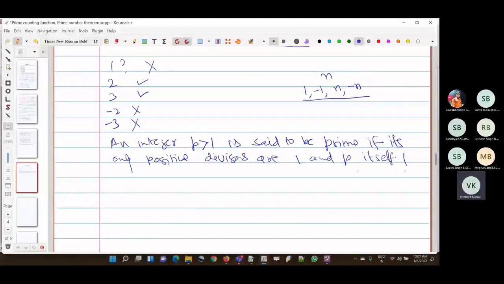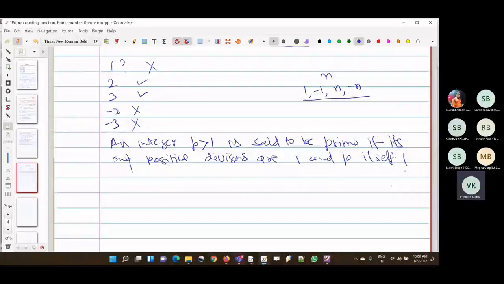Okay, so -2, -3 not prime, -100 not prime, -17 not prime, -7 not prime, -5 not prime. Okay, fine. Now we know what primes are. So the next thing is to count the prime numbers.